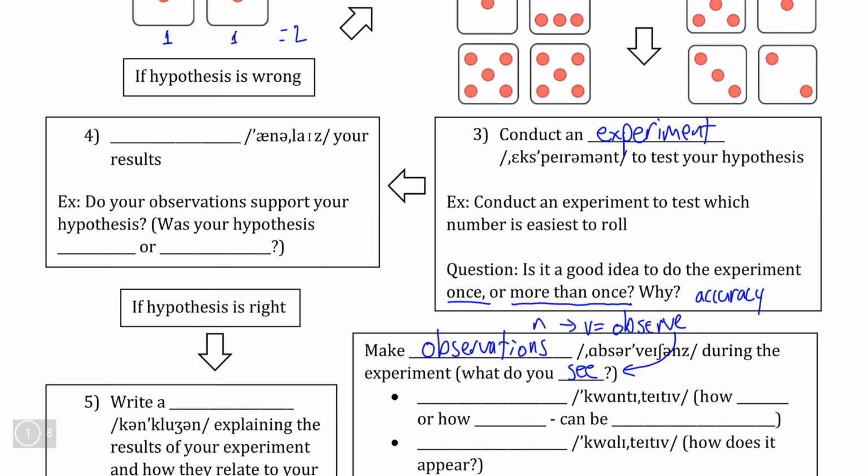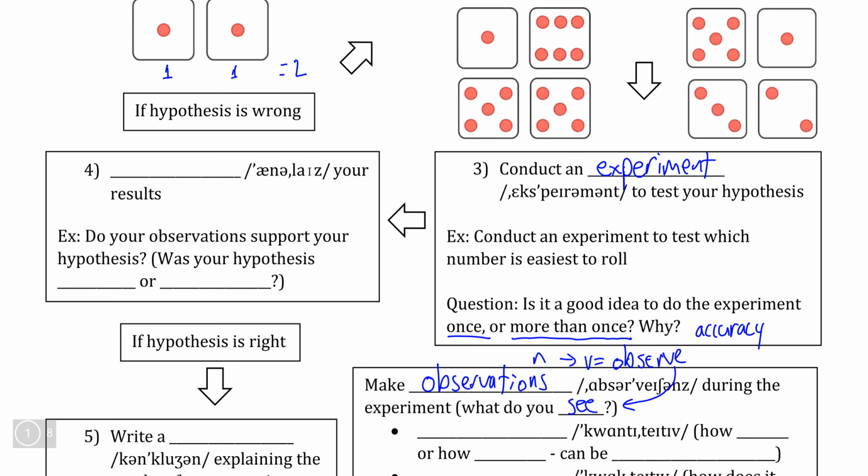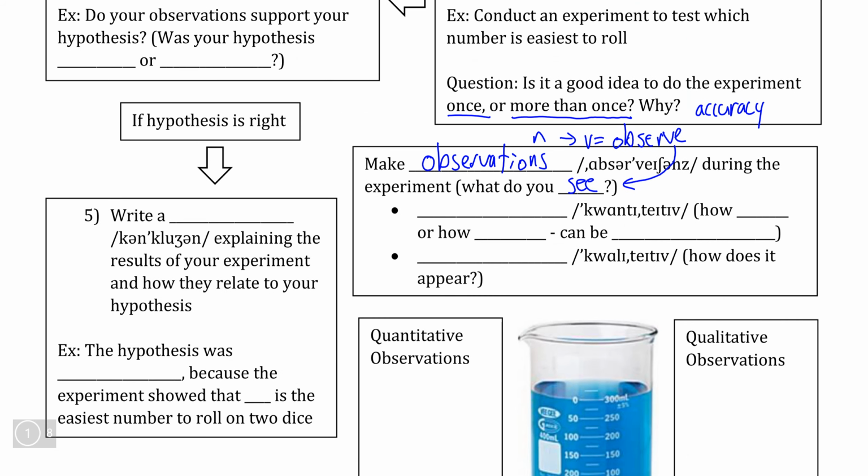Now, in this case, we're just using our eyes to look at the different types of dice rolls that we observe in the experiment, and by looking at the total number of each dice roll, you are making what we call a quantitative observation. Now, if you're not familiar with this word, you can get a hint about what it means by looking at the beginning of the word, because we can see the word quantity.